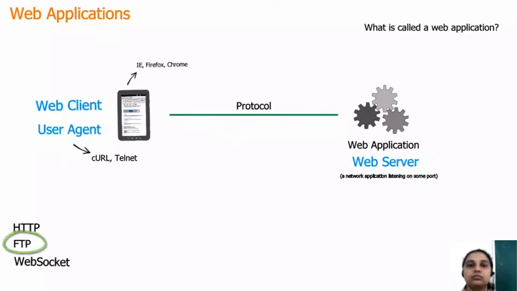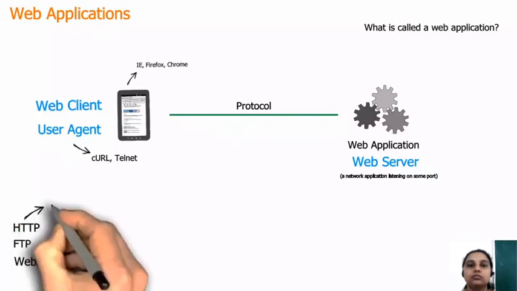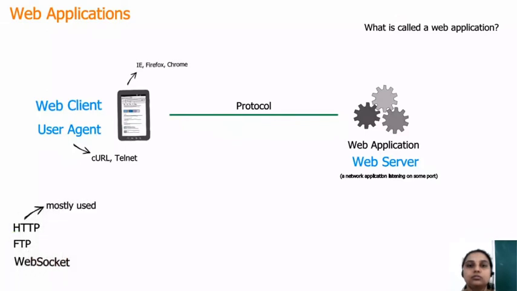Among all these protocols, the HTTP protocol is the most used between the web client and the web server. That means most of the time, the web client and the web server speak to one another using the HTTP protocol. And in this whole tutorial, we are going to focus only on the HTTP protocol. So let's dig somewhat more into the HTTP protocol.